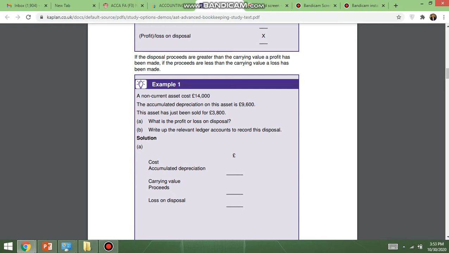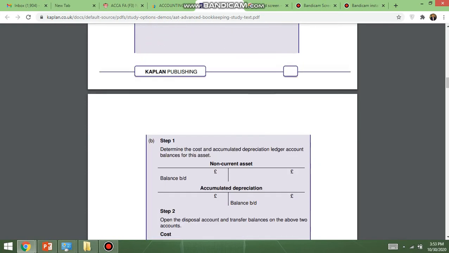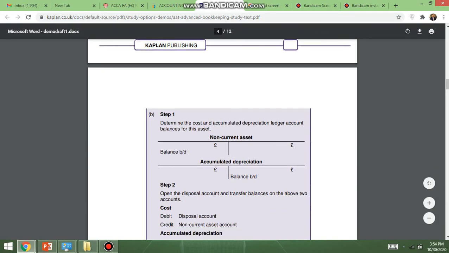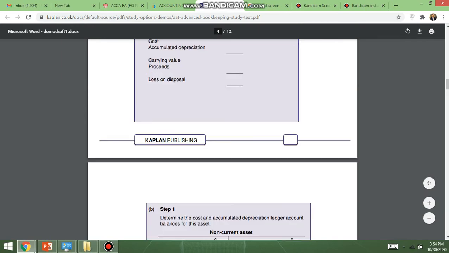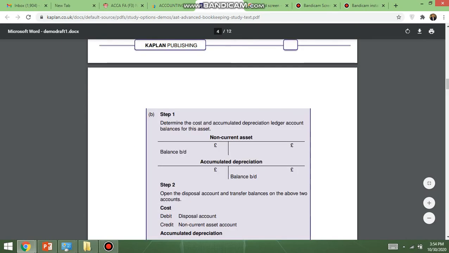Firstly, you see the non-current asset account and the accumulated depreciation account. The amount of 14,000 would come over here, so this asset account gets closed, and the accumulated depreciation of £9,600 comes over here as the debit entry. So these accounts get closed.